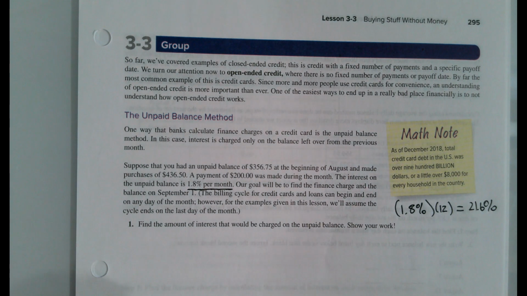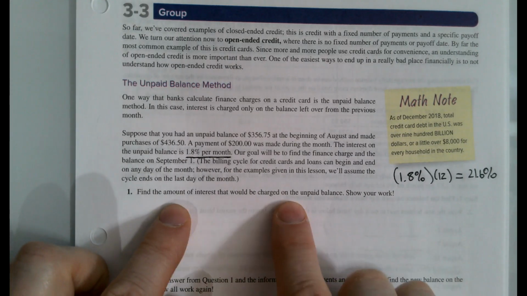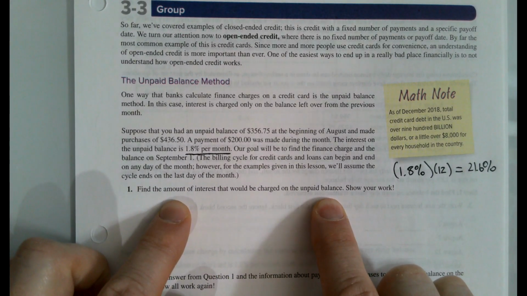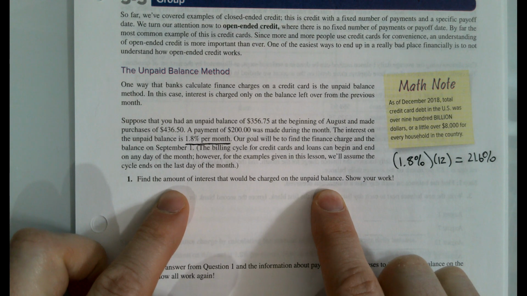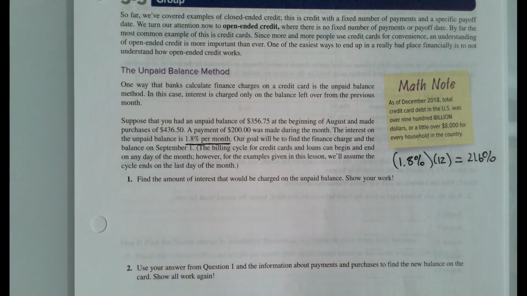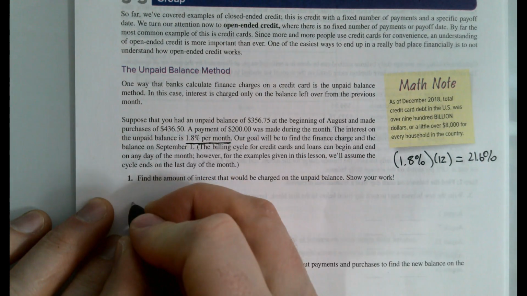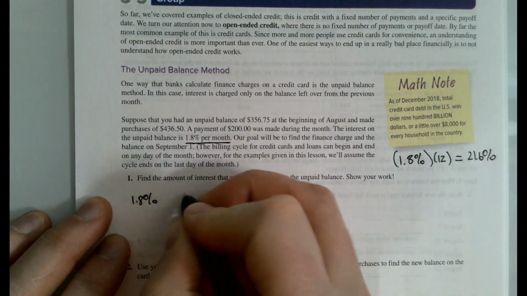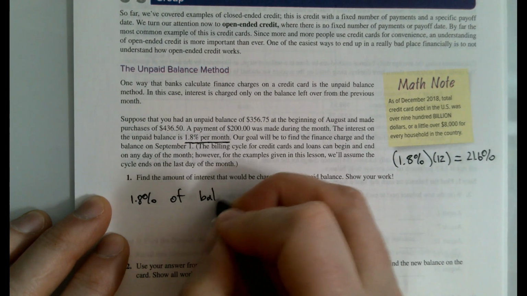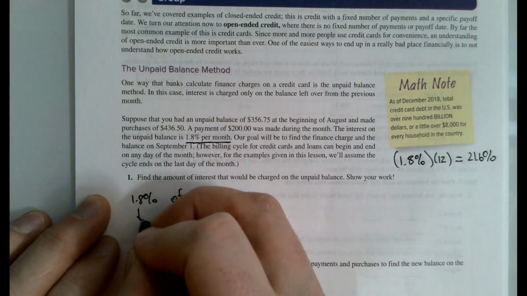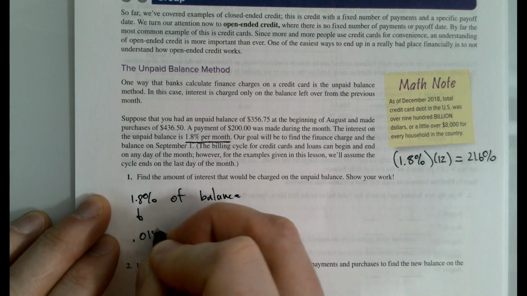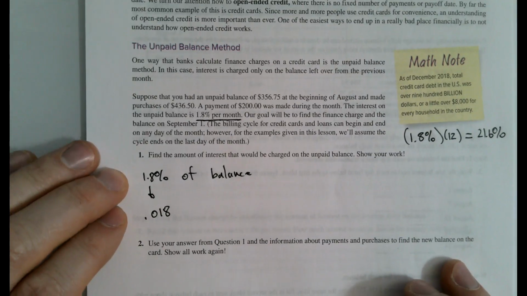Okay, so we're going to find the interest that would be charged on the unpaid balance. This goes all the way back to Unit 1. There isn't really a formula that you need to know for this. It's just how do you calculate the percent of? Recall, we convert 1.8% to a decimal, so that's divide by 100. That's 0.018.